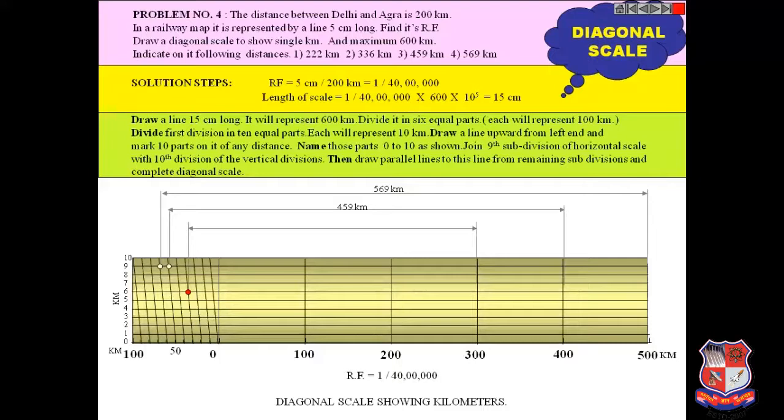In the same way, the next point is 222 kilometers. So you can easily see here is your 200 point. And again 22 means 0, 10, 20. So here is your 20, 21 and 22. So the point here is your 22 point. So you can easily draw and show your 222 kilometer.